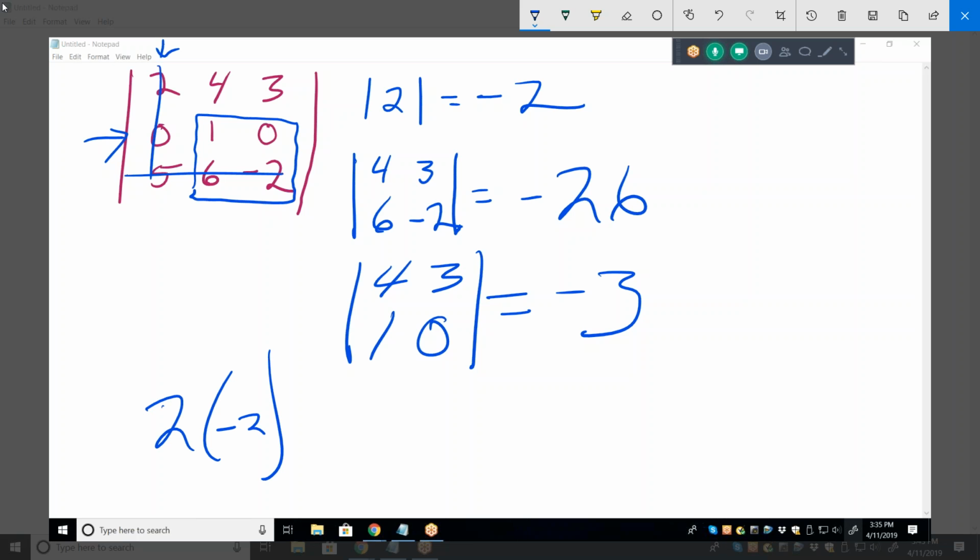And then I'm going to subtract, not add, the second column, which is 4 times, now we haven't done this determinant. This determinant is going to be different. In other words, we only worked on the first column, and the second term is the second column.